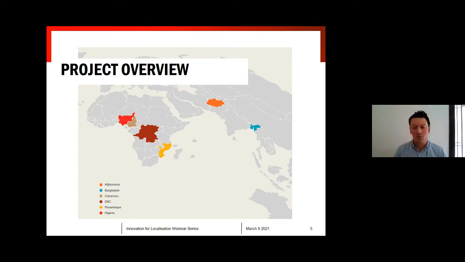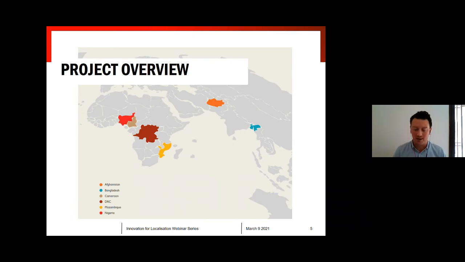So how this worked was that we had a tranche of funding. We had about $15,000 available for each of the countries to work in. And we decided to, from this, do a 3-month project. Obviously, there was prep either side of that, but the bulk of the project was across 3 months, starting in March last year.